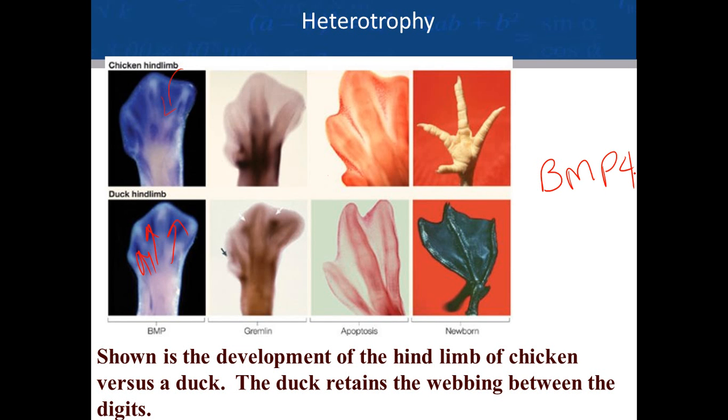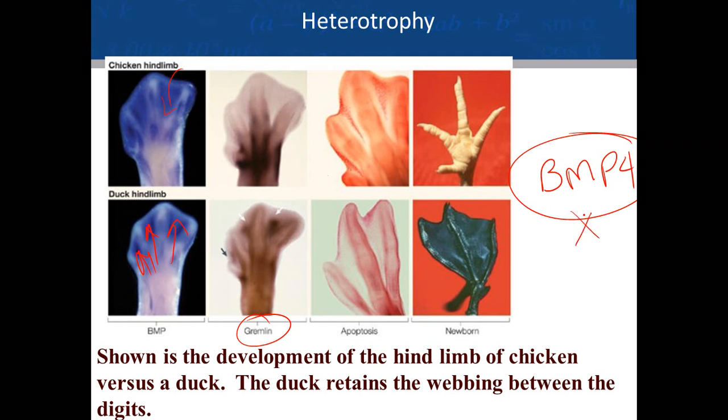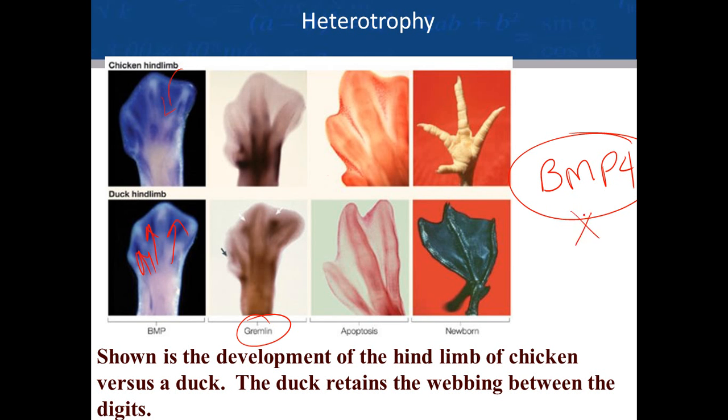Now, both ducks and chickens have that gene. But it turns out that there's a second gene called gremlin. And what gremlin does is it produces an inhibitor protein that interacts with the protein expressed by the BMP4 gene. And basically what it does is it inactivates that protein.